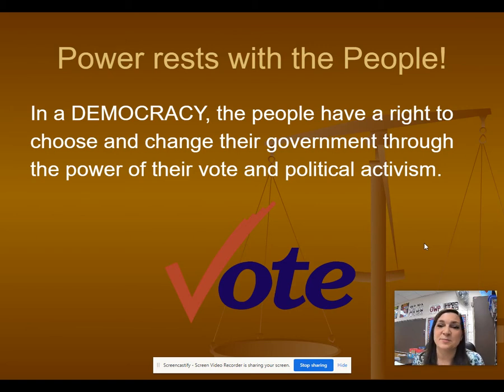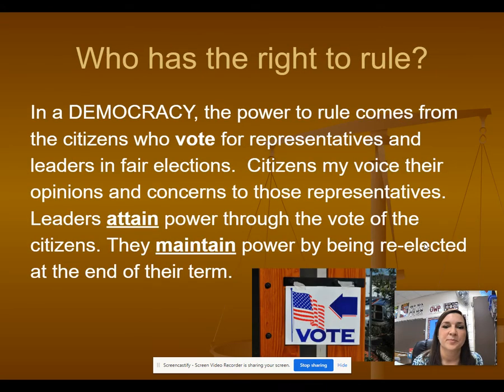Now, in modern times, power rests with the people. In a democracy, the people have a right to choose and change their government through their power of the vote and political activism, meaning getting out there and being part of that government process. Who has the right to rule in a democracy?